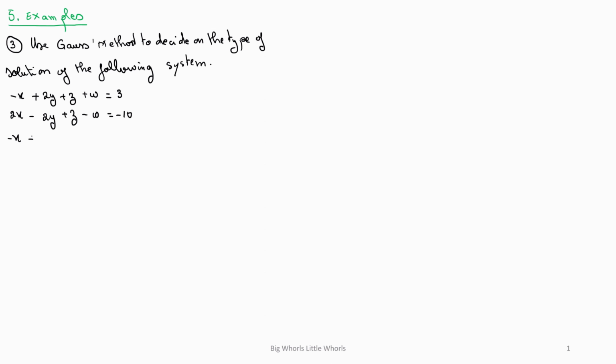Minus x plus 4y minus z plus 2w equals 14, and we have x plus 2y plus w equals 4. Let me check just to make sure that you have written down the equations properly. Minus x plus 2y plus z plus w equals 3. Yes.